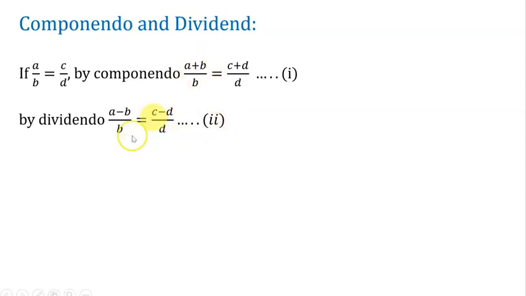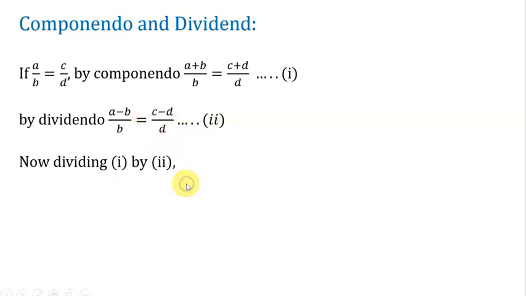Now take the ratio of these two equalities. Meaning, we divide the left hand side of this equality by the left hand side of this equality. (a plus b) upon b, this whole divided by (a minus b) upon b, is equal to (c plus d) upon d, this whole divided by (c minus d) upon d.